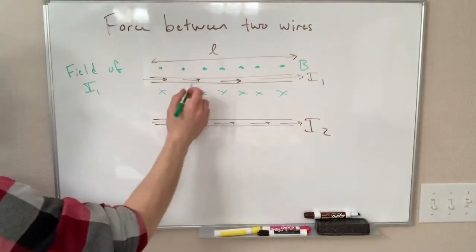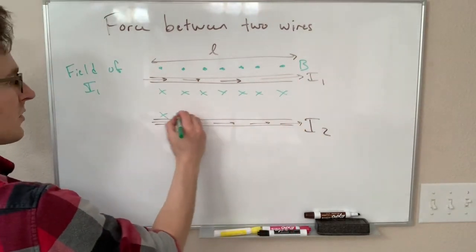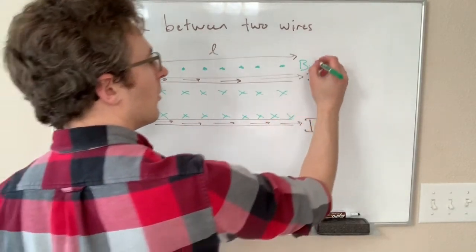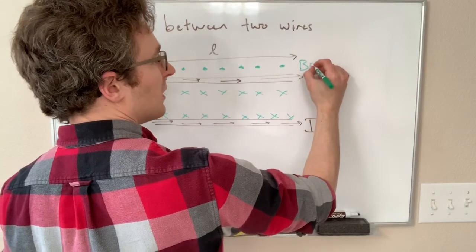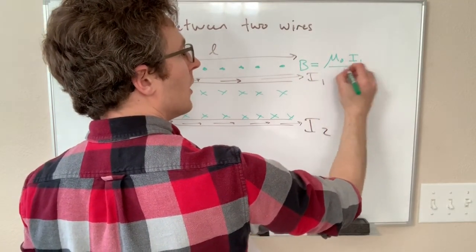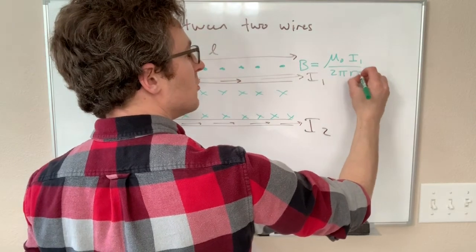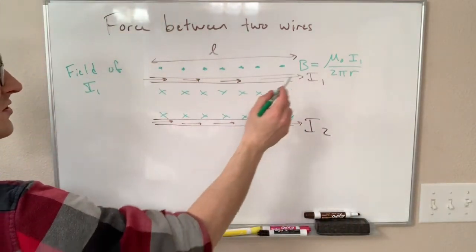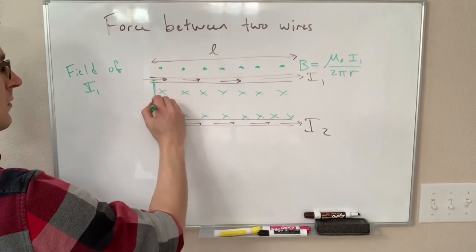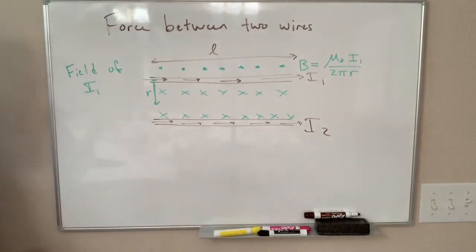I've drawn these right close to this, but we know we're still going to get a magnetic field down here, right? Because we know that the strength of this magnetic field, B, is equal to mu naught I1 over 2 pi r, where r is the distance we are away from I1.